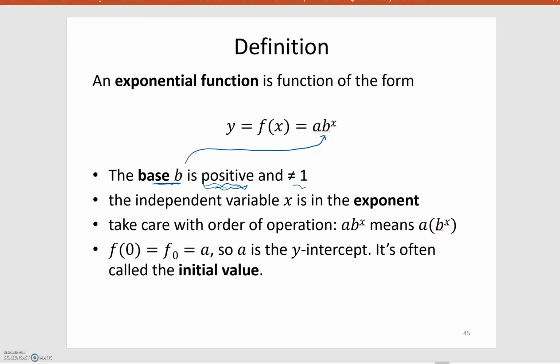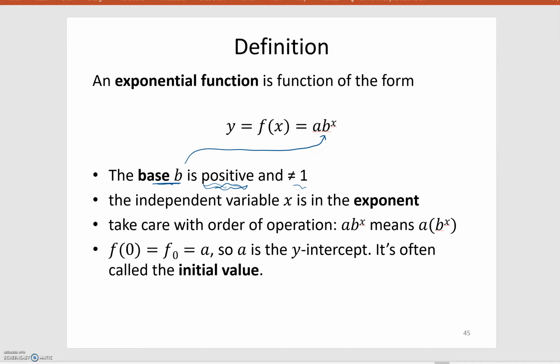And the reasons for this are the following: if we didn't require that it be positive, then we could potentially have a negative base. And if you have a negative base, then you're going to be getting into complex numbers, aka imaginary numbers. And that's beyond the scope of this course. So that's why we make that restriction.